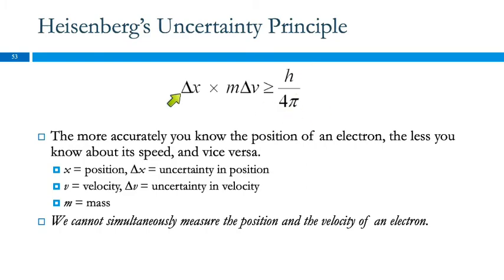So that means that if I have a small uncertainty in the position, if I know where the thing is, then I have a big uncertainty in the velocity, and vice versa. So we cannot simultaneously measure the position and the velocity of an electron. And not just because we haven't figured out how to do it, but because it's fundamentally impossible.